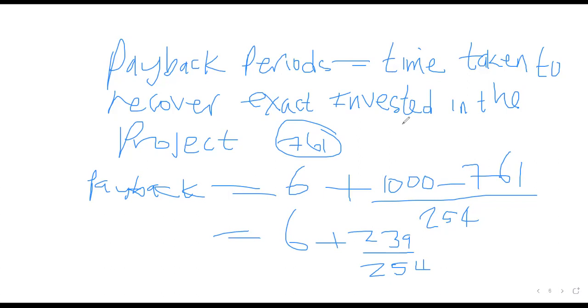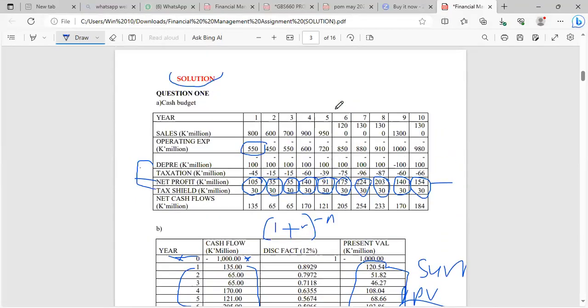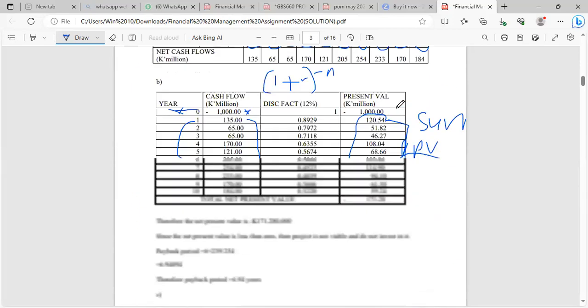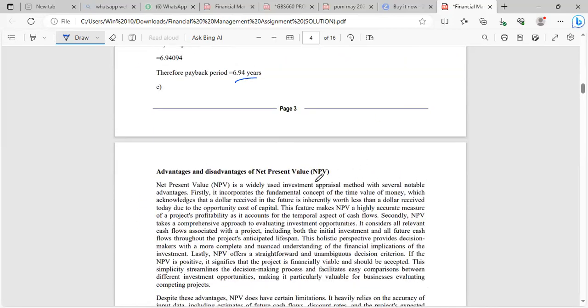Yes. Okay, that's fine. So what happens next is that we now need to move to the other parameter. The question says, what are the advantages and disadvantages of NPV?